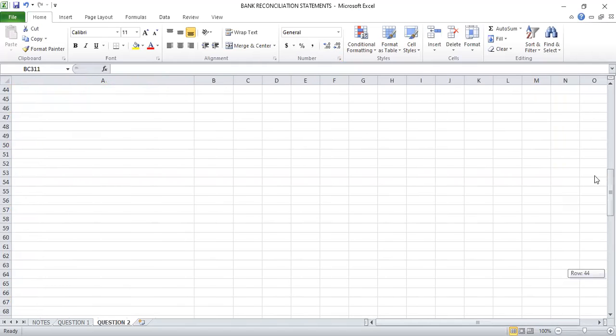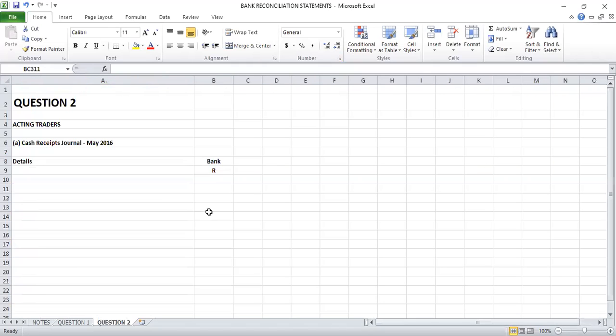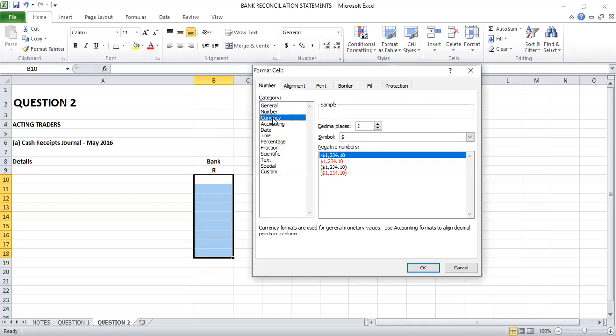Sir, can I ask? Yes. Sir. Yes, you can ask. So the subtotal, when you were giving us notes, I tried doing the exercise. The subtotal is the opening amount, ne, of the CRJ.